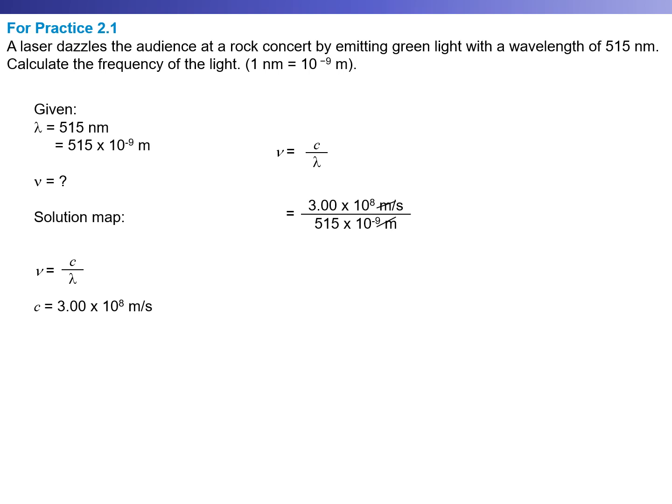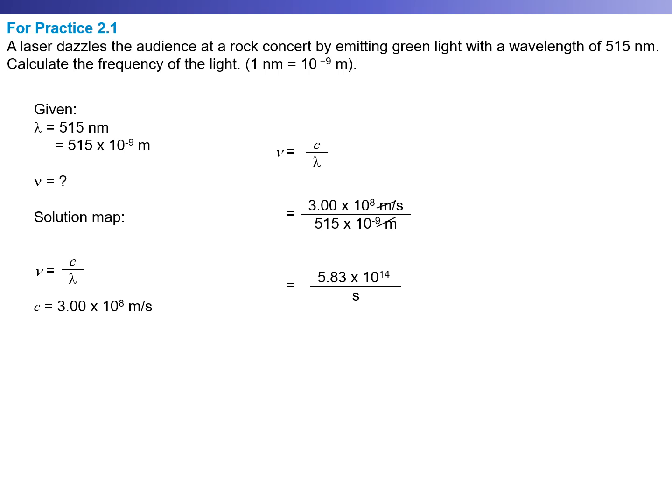So at this point, all we have to do is the math, which means we have to divide 3 times 10 to the 8th by 515 times 10 to the negative ninth. And once we do that, we end up getting a number that looks like this. So we have 5.83 times 10 to the 14th over seconds. But we don't typically write the seconds like that.